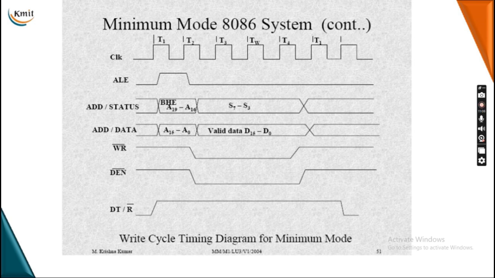Next, the write cycle. How will the write cycle be for minimum mode? The same clock pulses we have taken here, T1, T2, T3, TW, T4. Again, ALE is enabled, same. Now, as your write bar is low, nothing but active low, the write bar is enabled. During this period, your data will be written into the memory or into the IO.